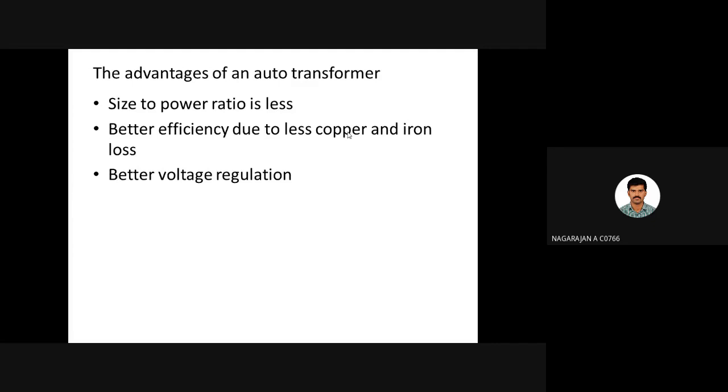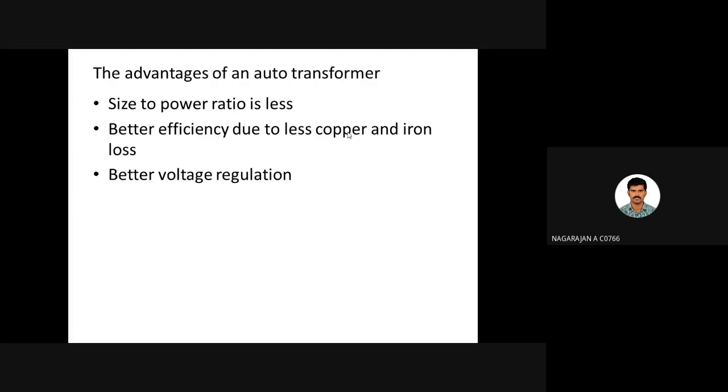The reason is it should have two different windings wound on two different legs of a core. So we should provide a space in between, as well as these two windings should be separately connected. So it will require a huge room for placing the conductors.